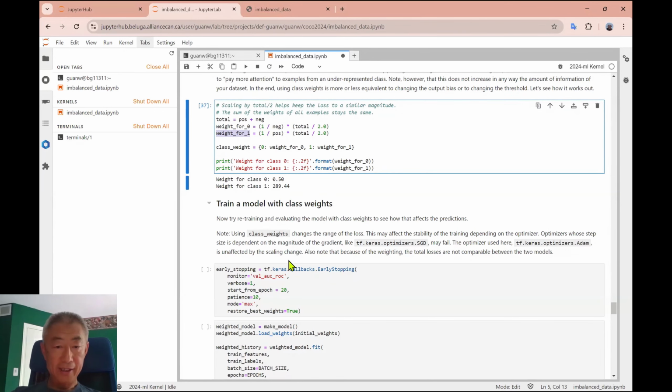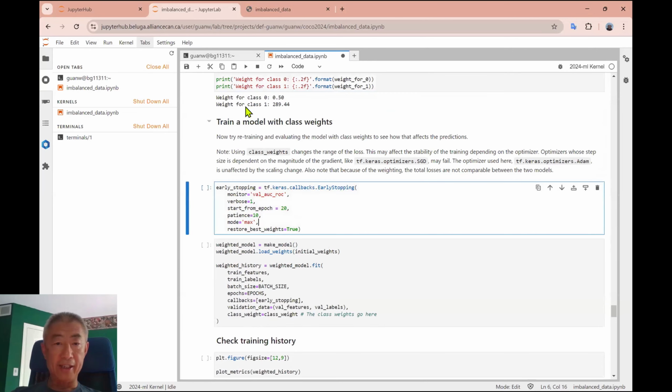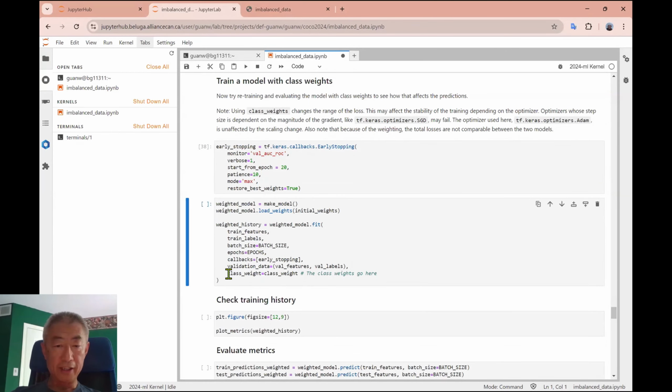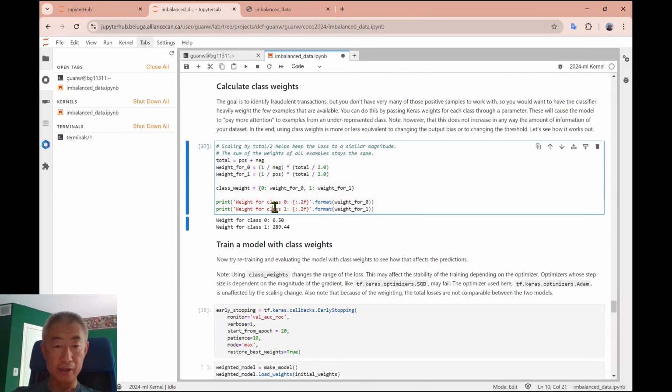All right. And the same thing, I'm going to use the same early stopping strategy. And when we train the model, this time I'm gonna supply the class weight, the one we calculated before.